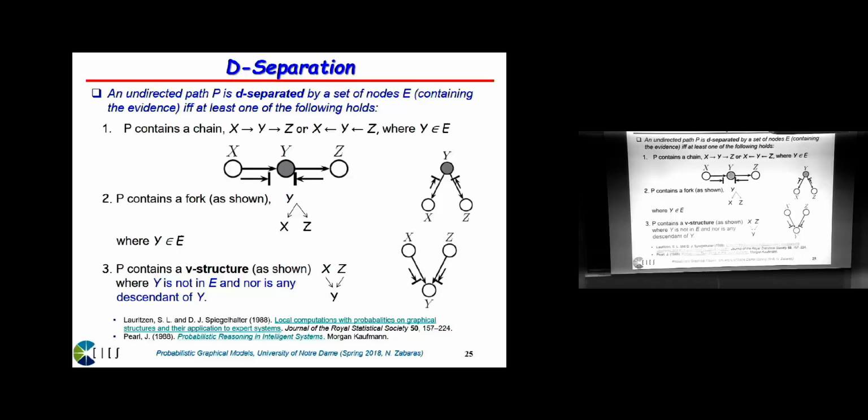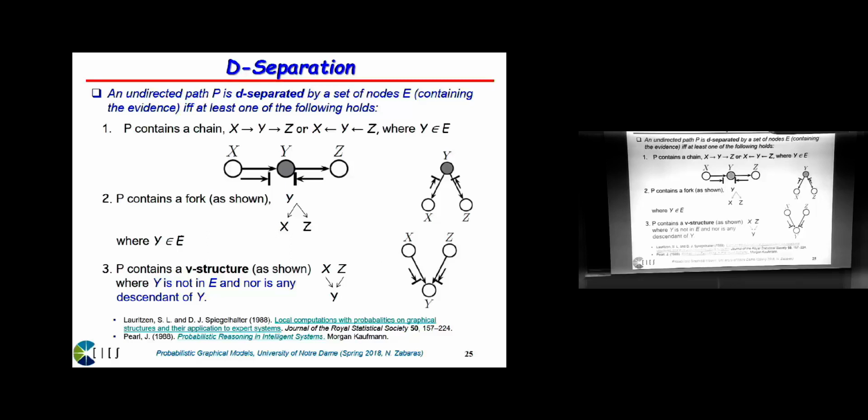Another case is when you have a fork situation, all right? This is a parent pointing to two children. Again, P contains a fork, and Y is evidence. X and Z then are d-separated by Y. Again, you notice the path from X to Z is blocked because Y doesn't allow this to go through.